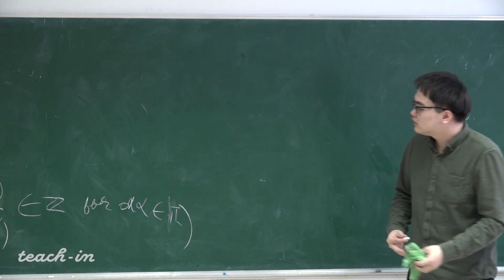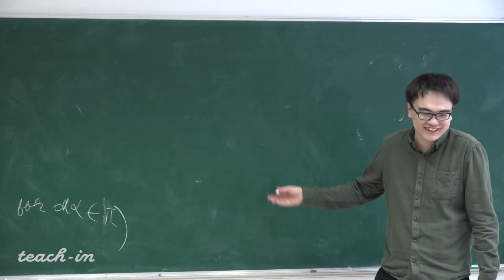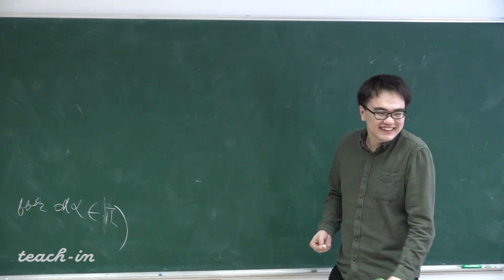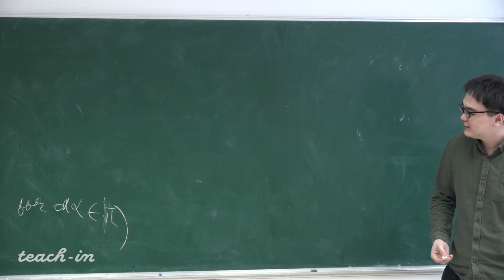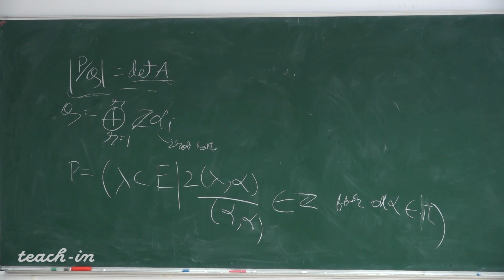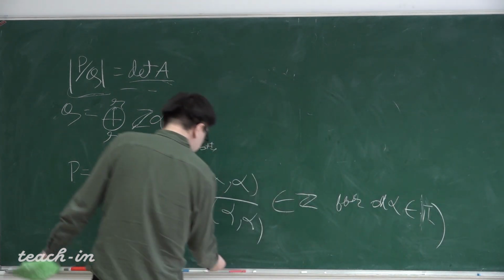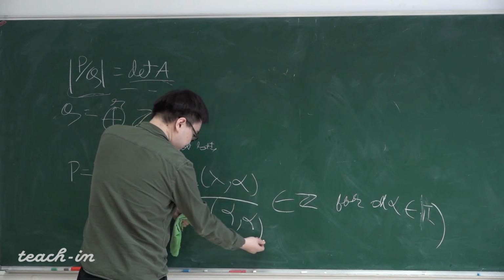Why can you change here for pi? No, but every root is some linear combination of something from pi. Yeah, but there is a question. We don't have any trouble here, but there is some trouble here.